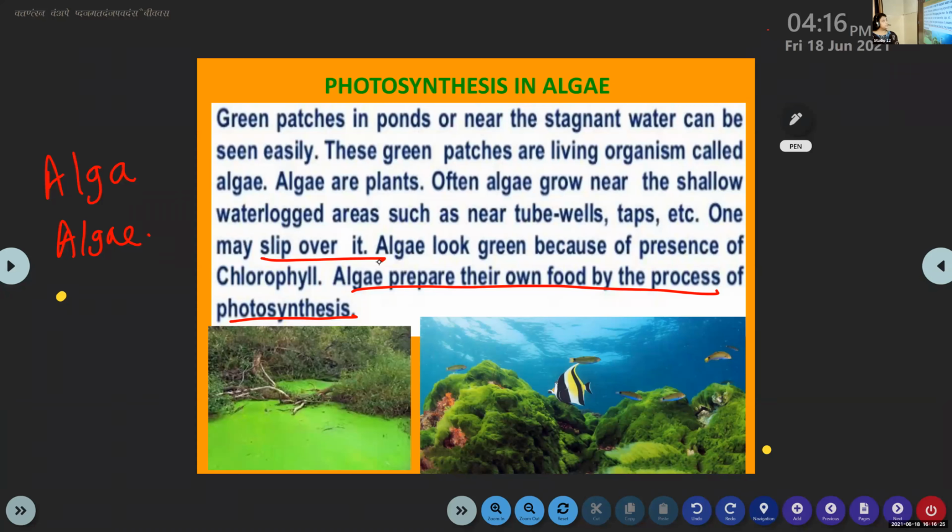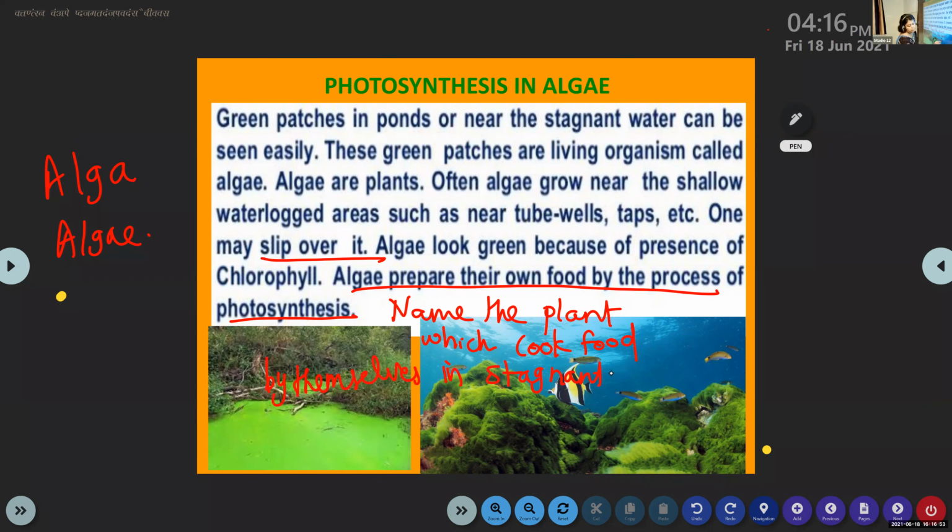So you can write: Name the plant which cooks food by themselves in stagnant water.